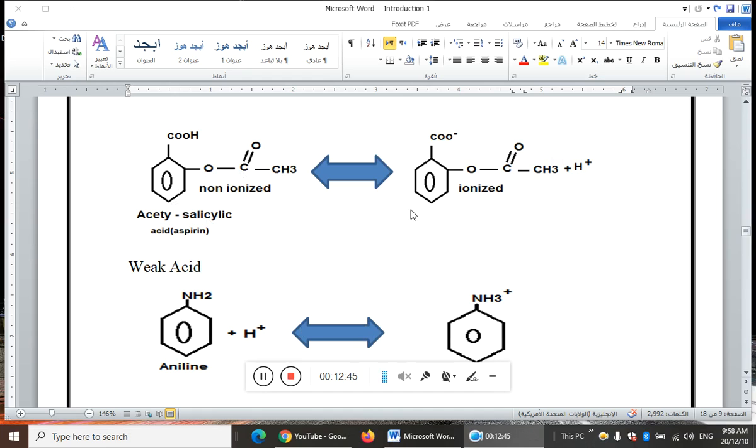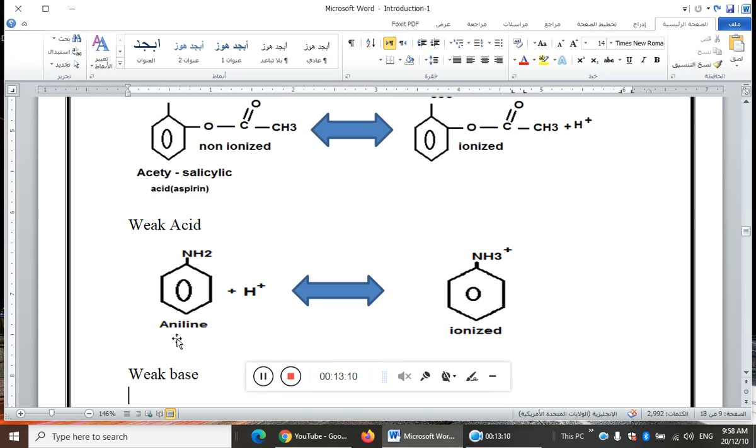So when this weak acid is in acidic media or in alkali media, it will transform from non-ionized to ionized by getting H plus hydrogen ion. While in the weak base, we see aniline, when it gets a hydrogen ion it will become ionized, and without the hydrogen ion it will be non-ionized.